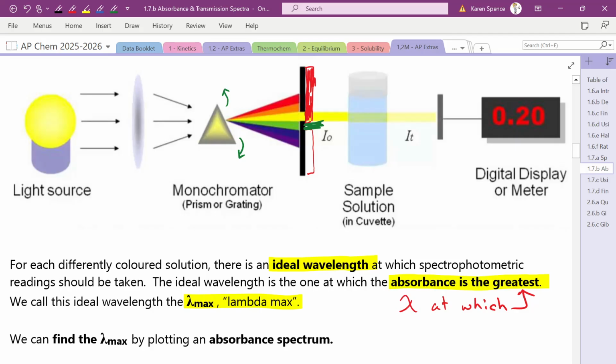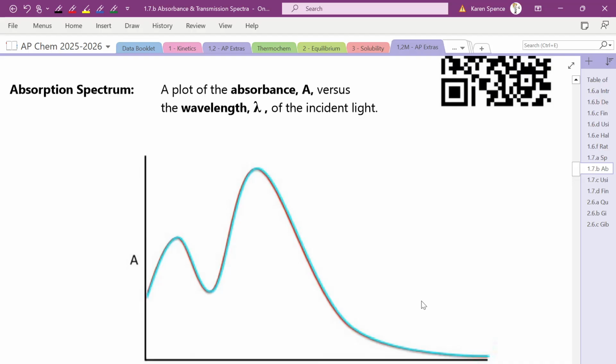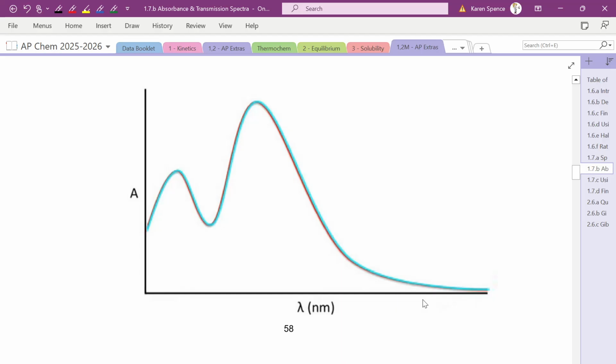Okay. So if we look at this graph coming up here, we're not going to watch the video. If you want to go back and watch the video later, here is a graph. Point to your partner or someone near you and show them, and if you don't have anyone, you can just point for yourself, where is our lambda max? Where is our ideal wavelength for this particular substance?